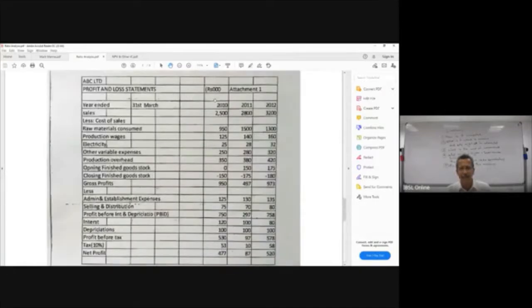The profit and loss statement we will only calculate for 2011 and 12. If we know how to calculate for 1 or 2 years, that is enough to calculate for any number of years. So we'll see you in 15 minutes, 8:15. Any questions?